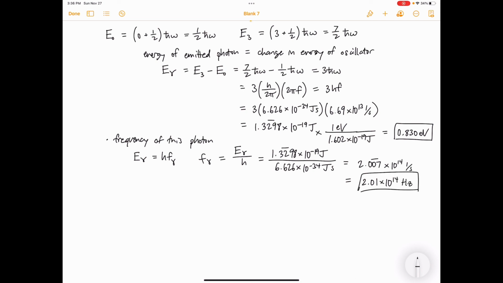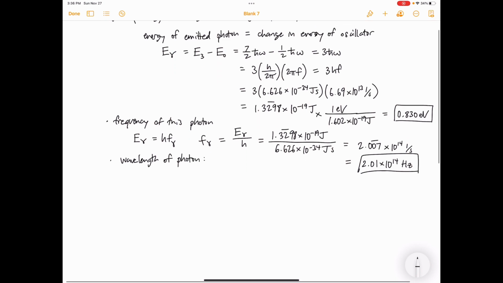All right, last we're going to do the wavelength. So for the wavelength of the photon, we're just going to use the fact that c, the speed of light, is equal to lambda times f. And that allows us to solve for lambda, the wavelength. That's c over f, or 3.00 × 10^8 meters per second, divided by 2.007 × 10^14, and the units are inverse seconds.